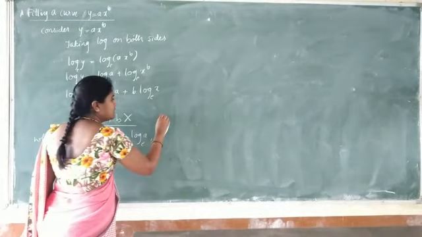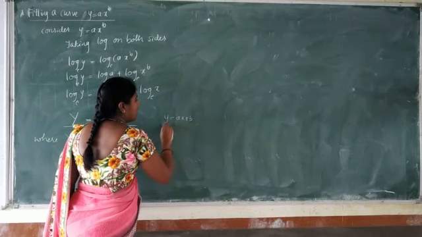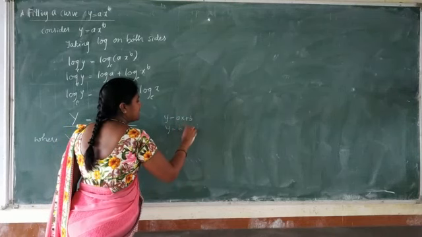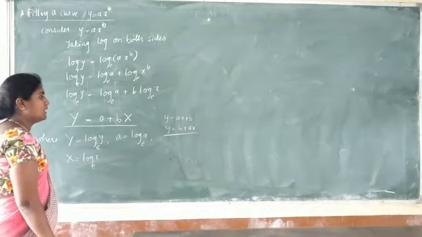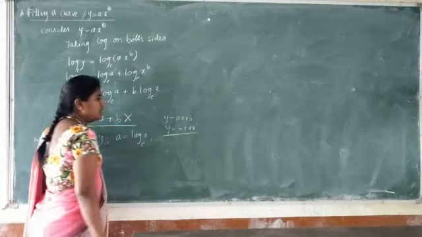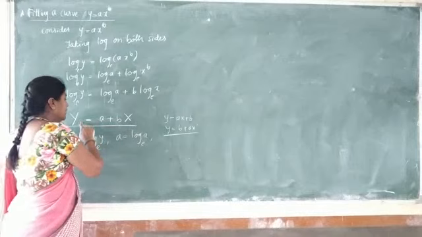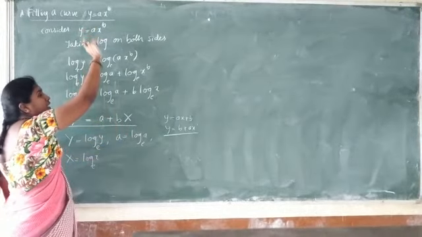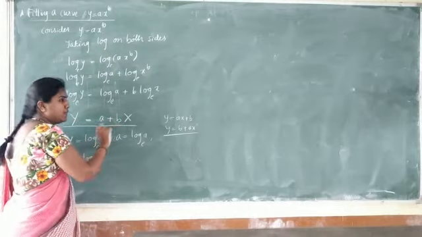Nothing but this is of the form y equals ax plus b, or y equals b plus ax. This is nothing but curve fitting of the straight line. Whatever we have, y equals ax raised to b, we have obtained Y equals A plus bX.